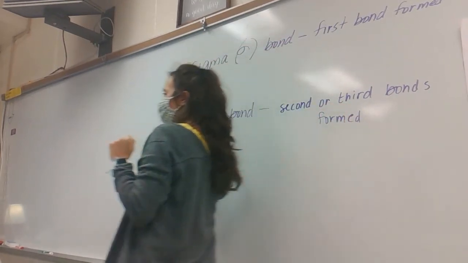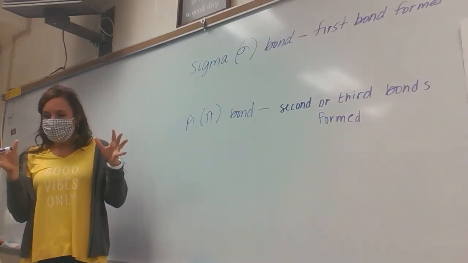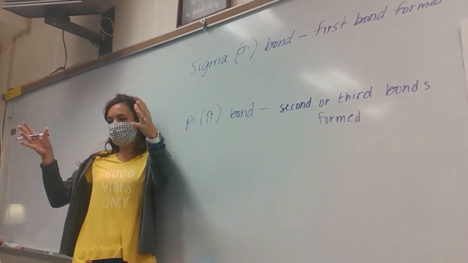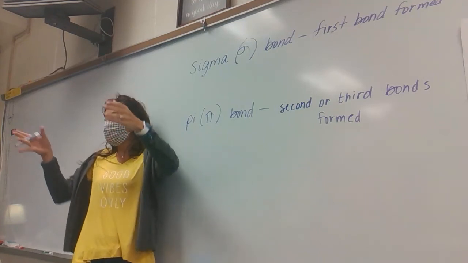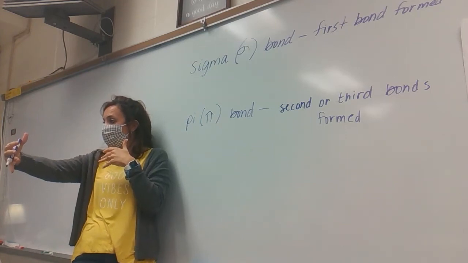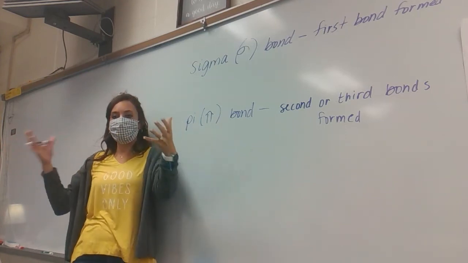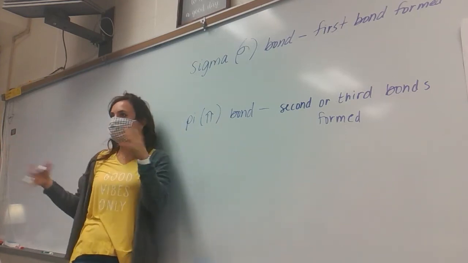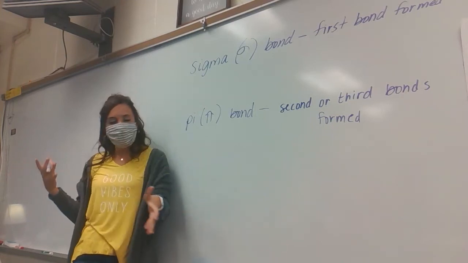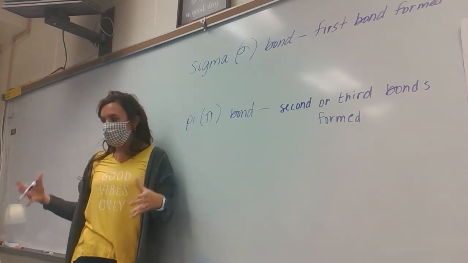And the pi bonding comes from the fact that p orbitals are in different planes. So there's a px, there's a py, and there's a pz. They're spinning in different directions because you have x, y, and z. Don't worry too much about that.